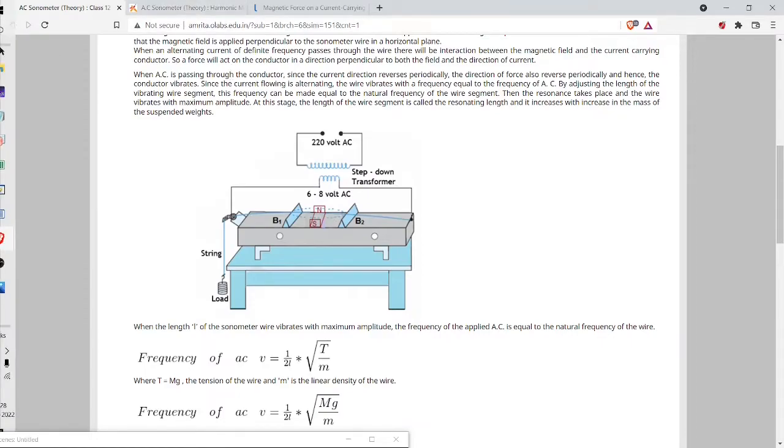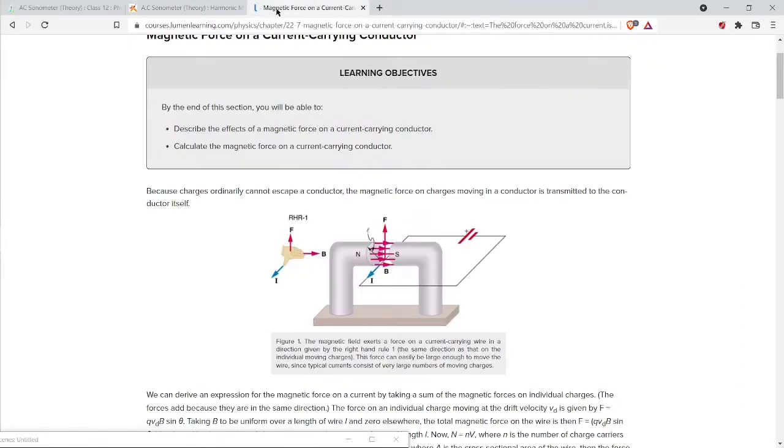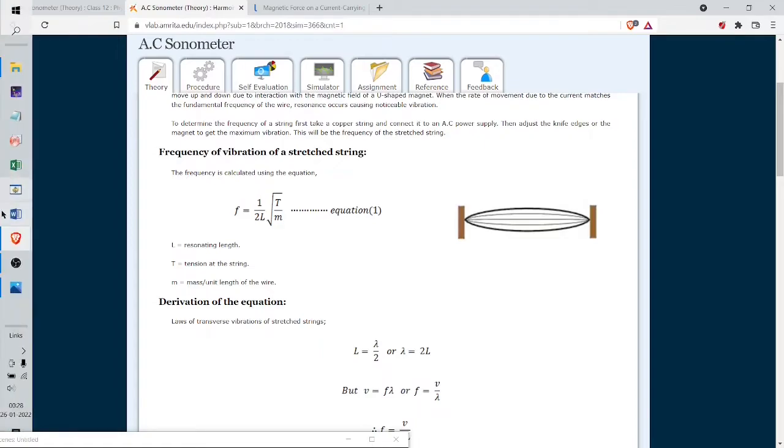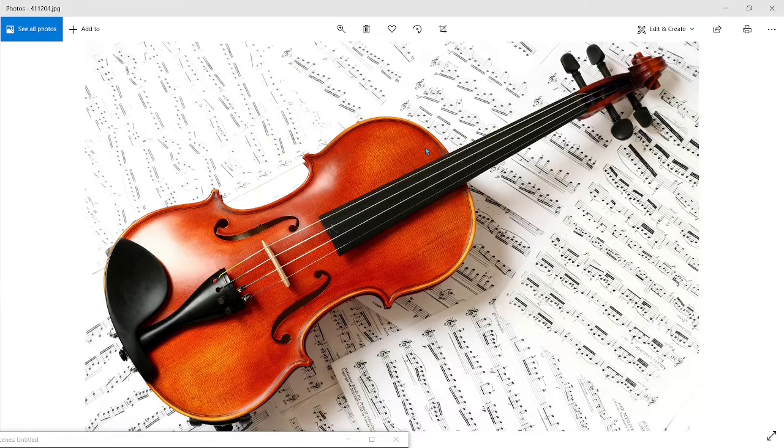Now let's have a look more at the stretched string. So here we have a violin, to have brief details about how the stretched string works. We have the G string here, and an E string here. This is the heavier one, and this is the lighter one.